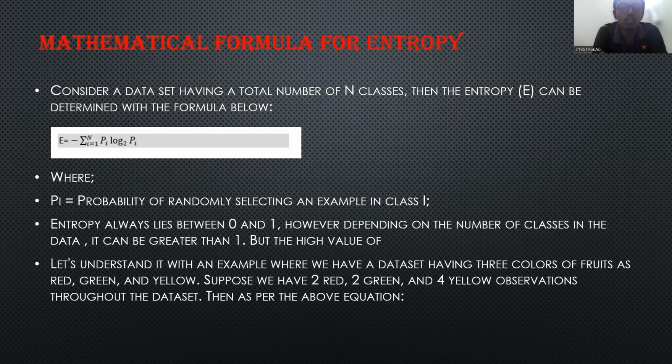Let's understand it with an example where we have a data set having three colors of fruits: red, green, yellow.